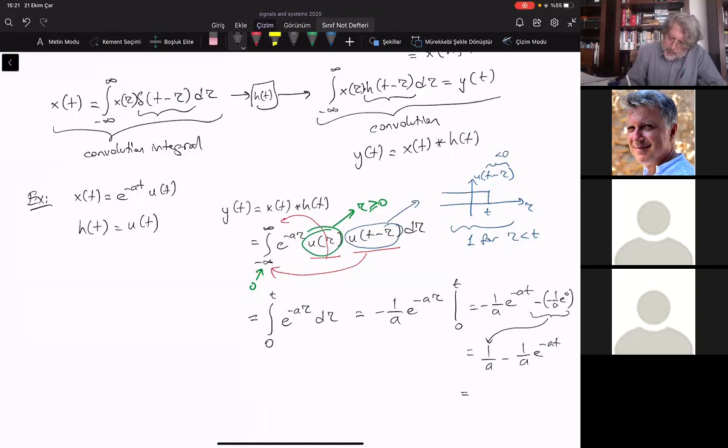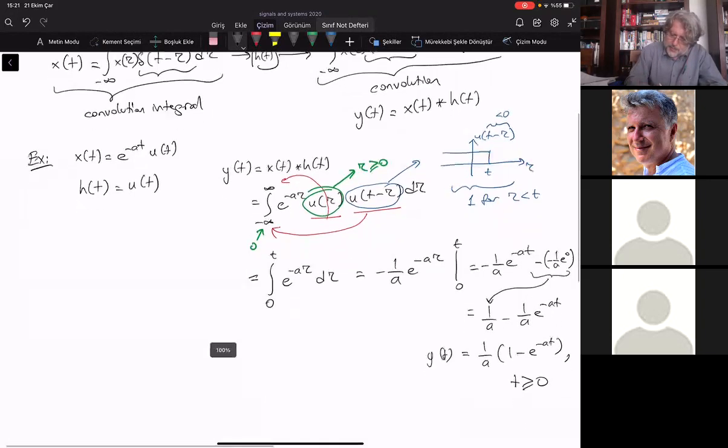I can put them in parentheses: 1 over a times (1 minus e to the minus at). So this is y of t. But this is only for t greater than or equal to 0.